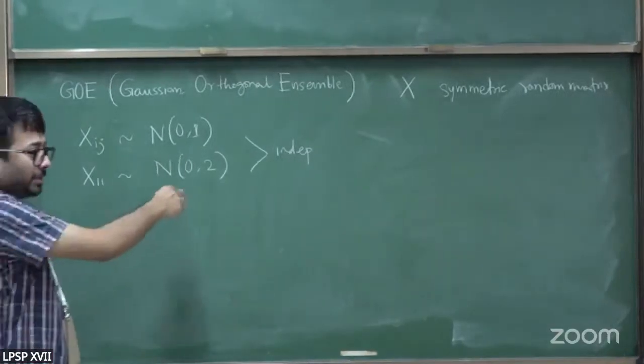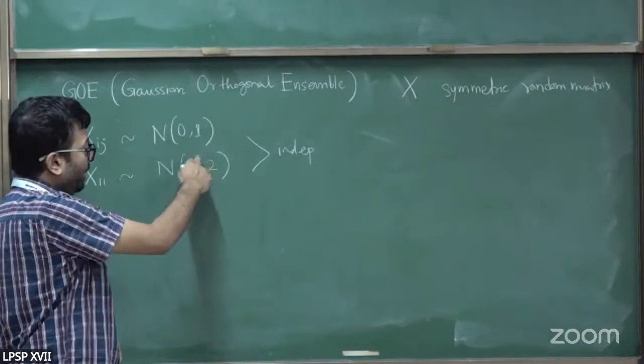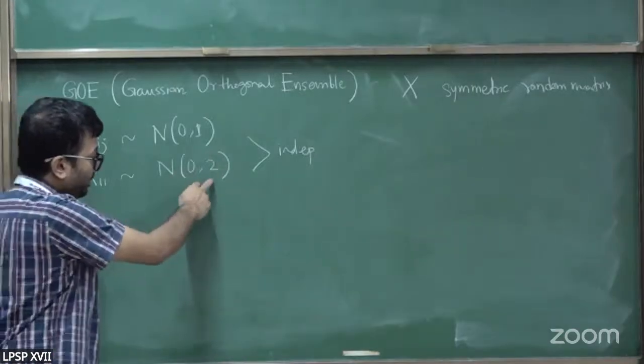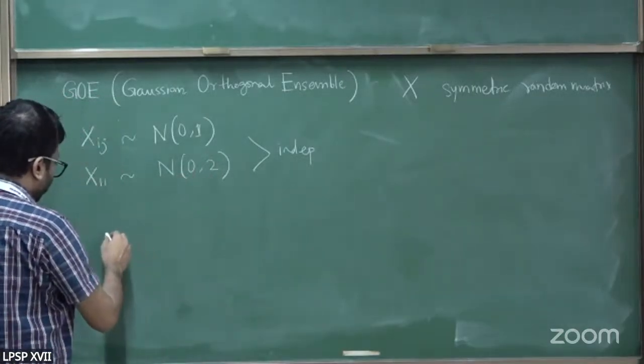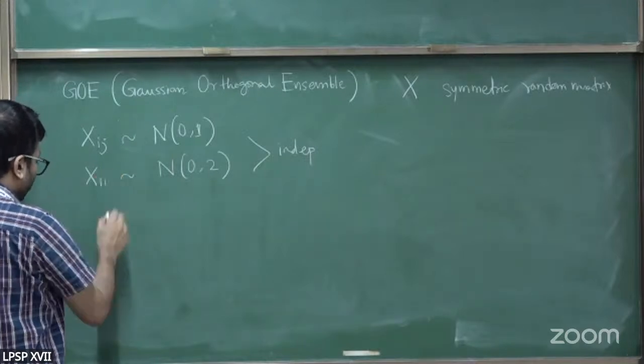So this particular choice of this variance parameter on the diagonal allows you to write the joint density of the entries.